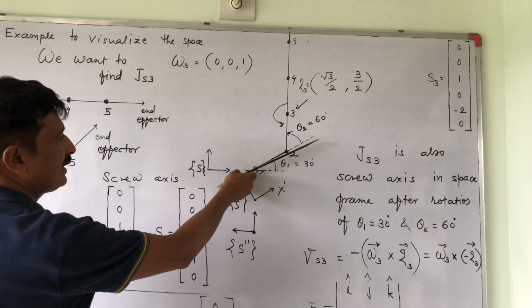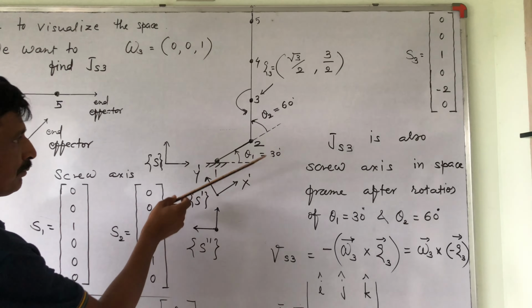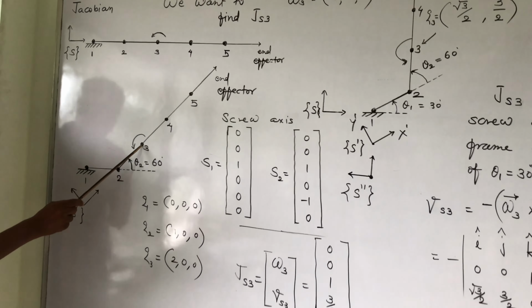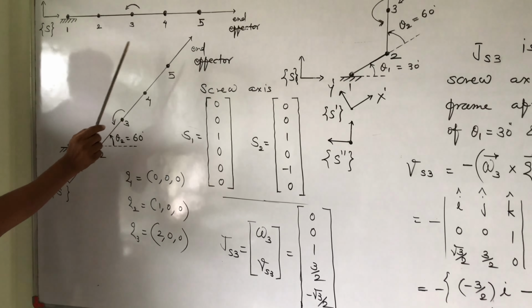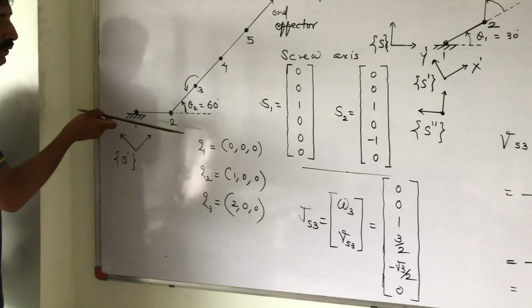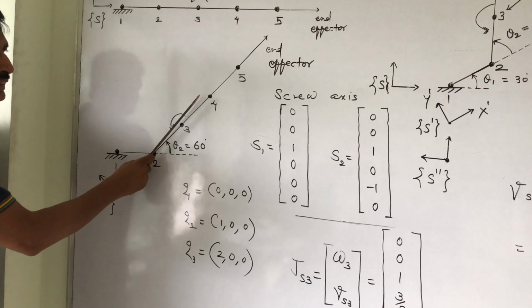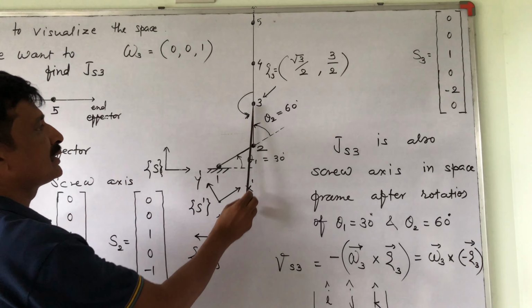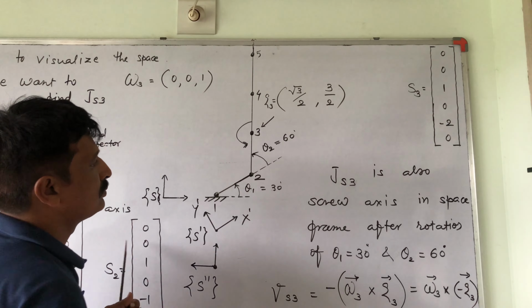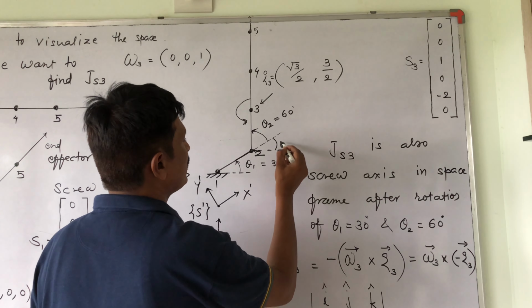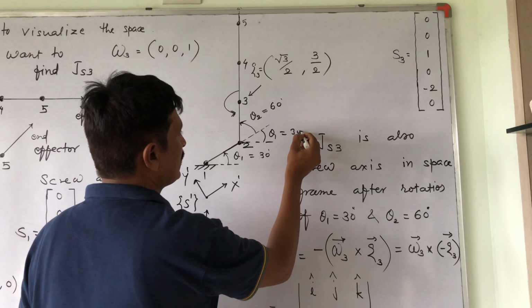Joints 2, 3, 4, 5 are fixed. This one only rotates. So this one is 30 and this one is already 60. After that, this becomes 90 degrees with the horizontal, because theta 1 is equal to 30 degrees.